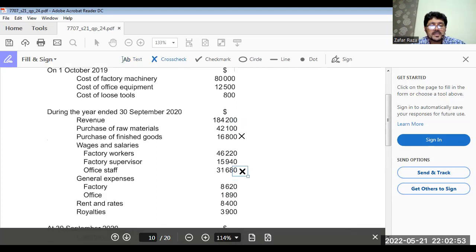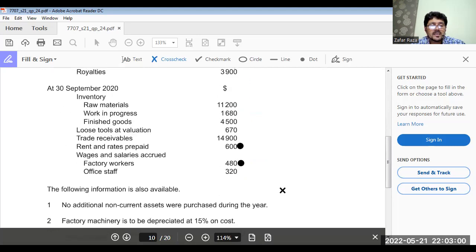This is also an income statement item. Office general expenses, finished goods inventory, trade receivables are useless. Office staff wages, all of this is useless for manufacturing. These are items of the income statement.